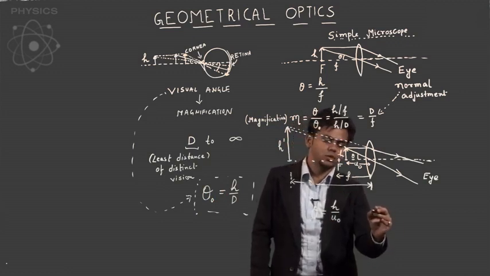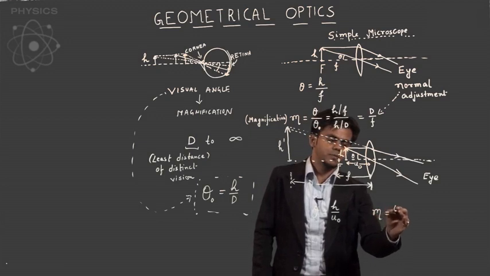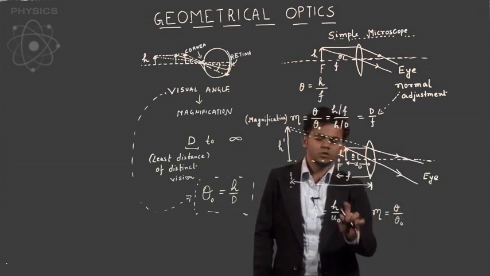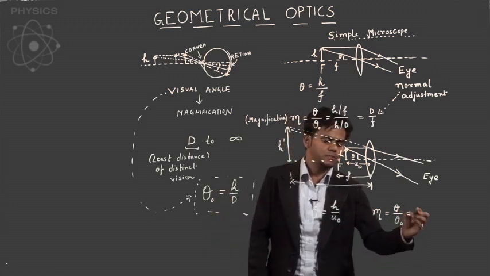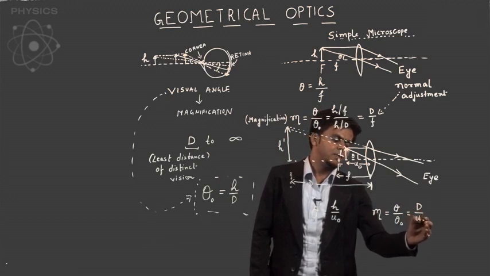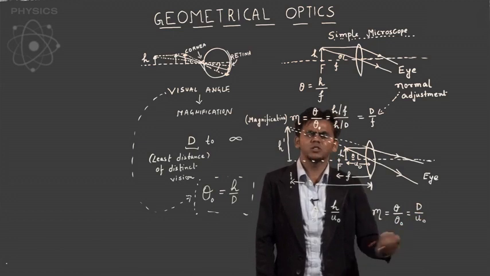Magnification is equal to theta upon theta naught. So this by this gives you d by u naught. I don't know u naught. How can I find the magnification for this situation?